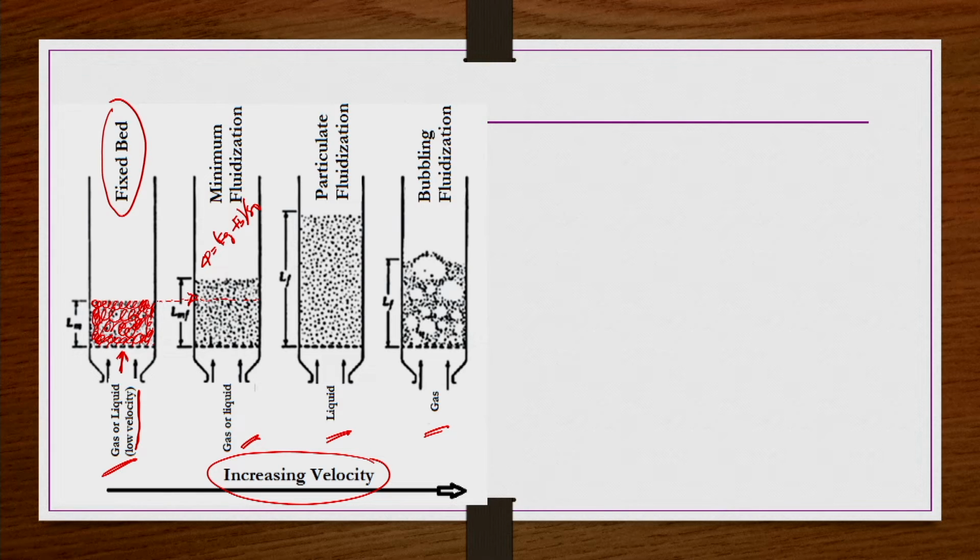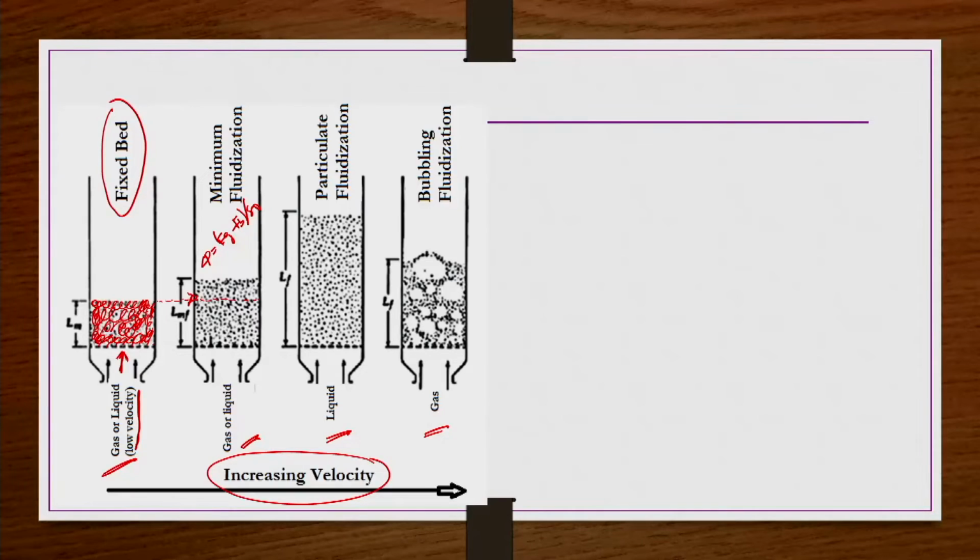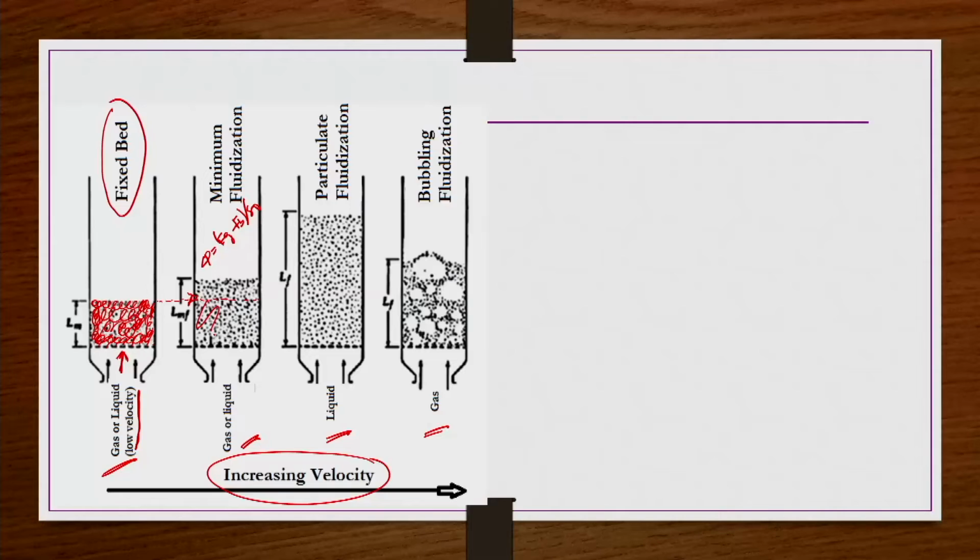It is not exactly a fixed bed, but structurally it looks like a uniformly packed structure, uniformly expanded. Initially it was up to this location only, now it is slightly expanded but still uniform. Okay. This condition is known as the minimum fluidization condition, where the particles are sufficiently apart from each other, and the buoyant weight of the bed is balanced by the total resistance offered by all the particles.